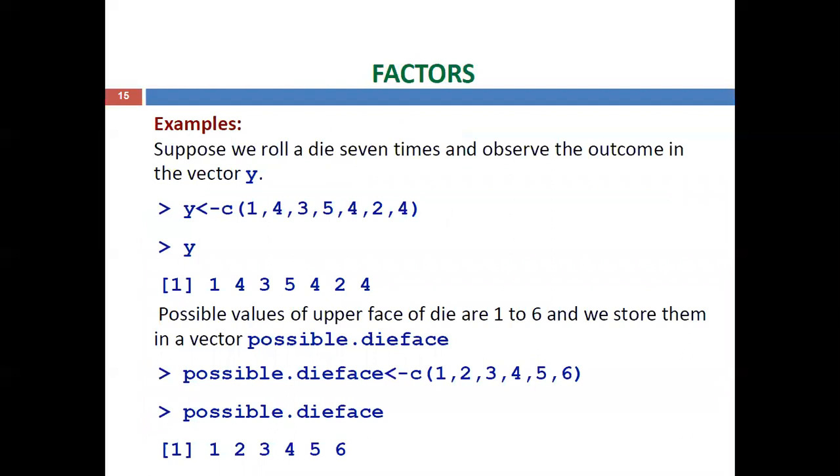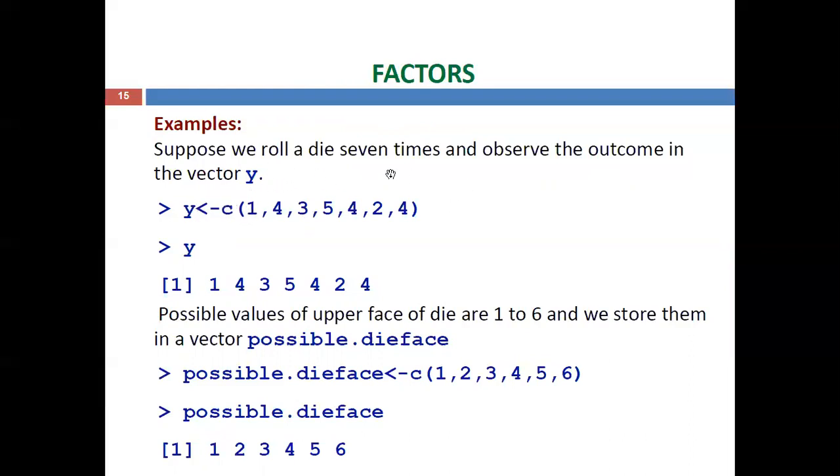Now we will demonstrate some examples on factors. Suppose we roll a die 7 times and observe the outcome in the vector y. Whenever we roll a die 7 times and observe the outcomes, they can be stored in the vector y. So y equal to c of the possibilities.